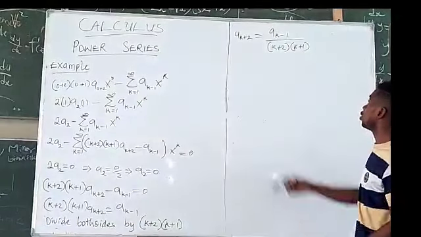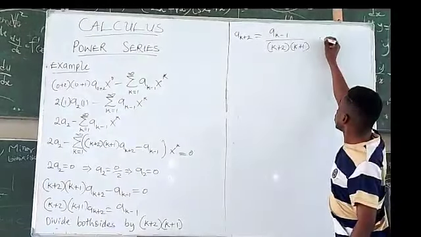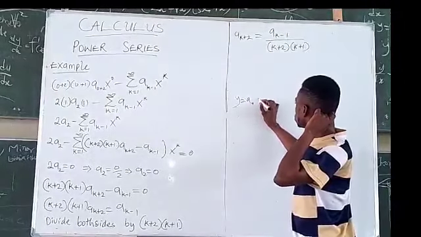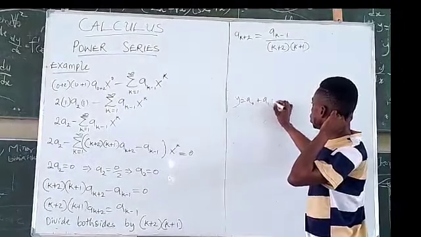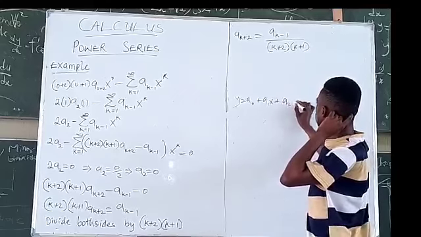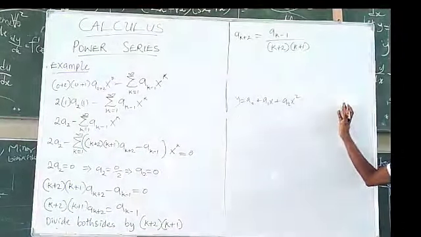Okay, from this we can now look for the values. Let's remember we said y is a naught plus a1x plus a2 x to the power 2, and we stop at 5.